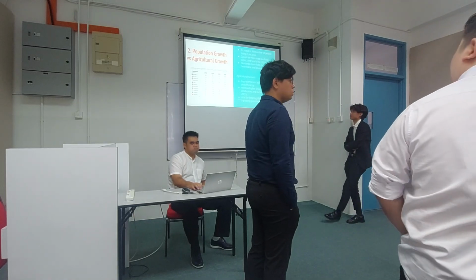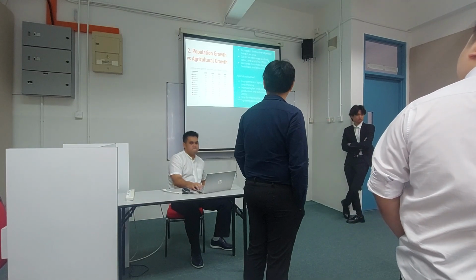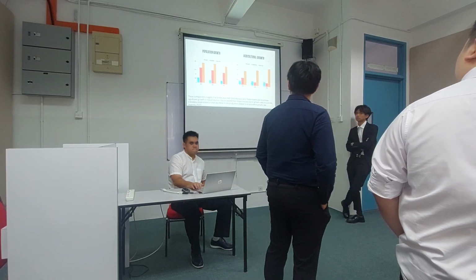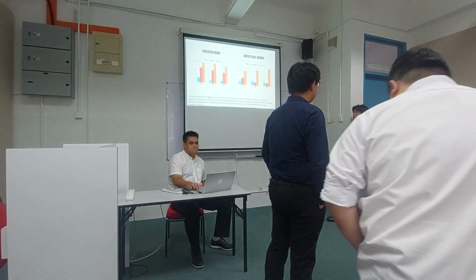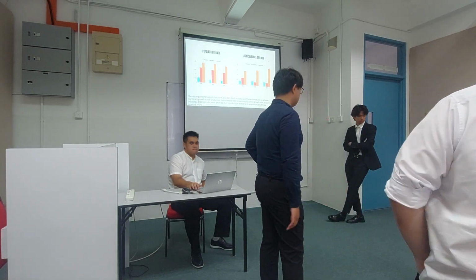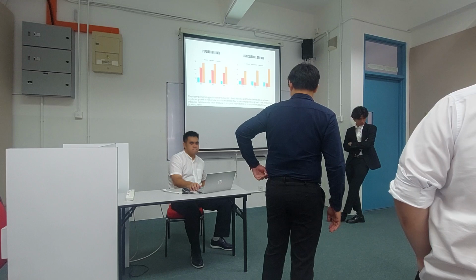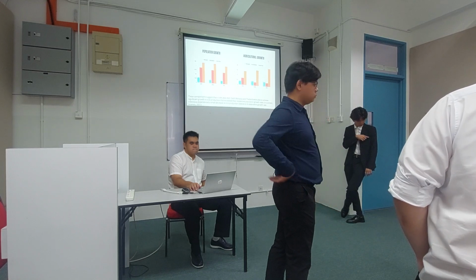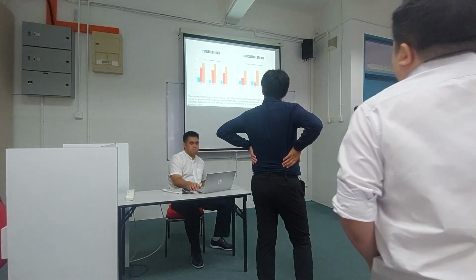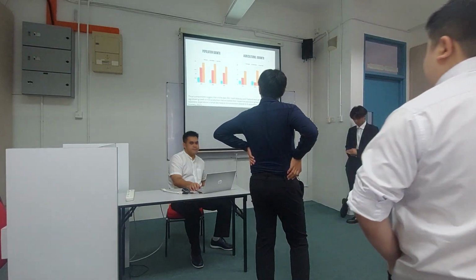So the next one is population growth versus agricultural growth. Let's go to the next page. And again, I think the same problem happens over here. You want to compare population growth and agricultural growth to check whether the country is self-sufficient or not. Now, the data is different values. Did you notice?